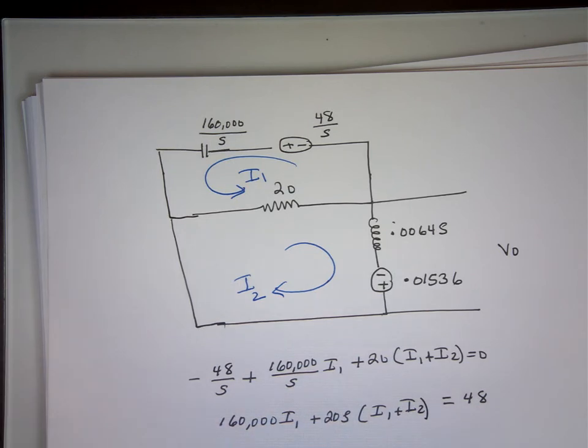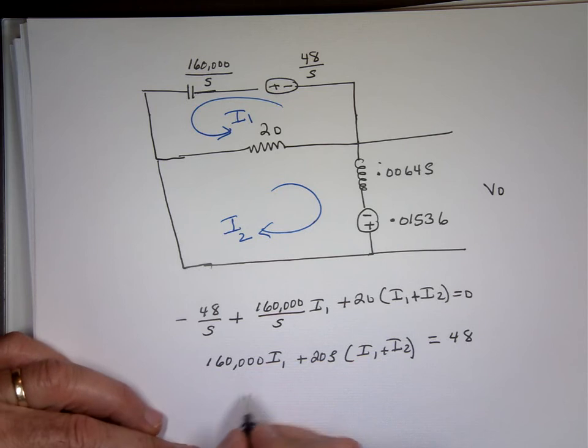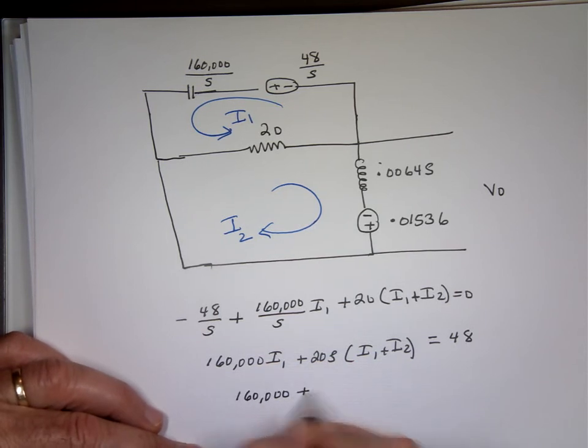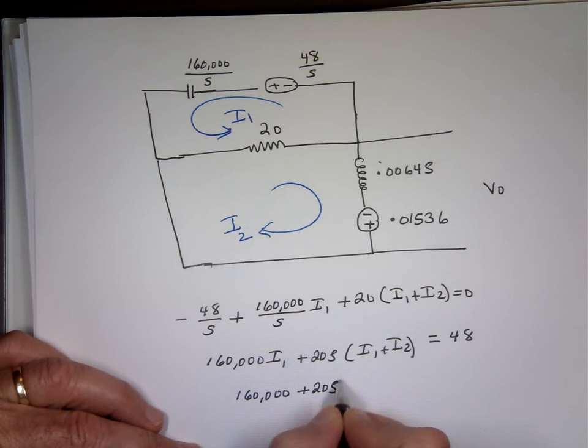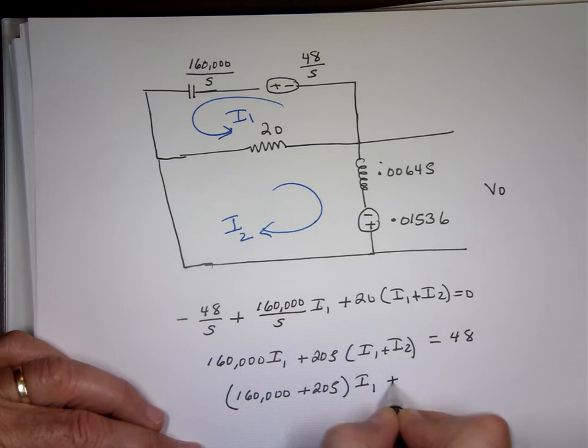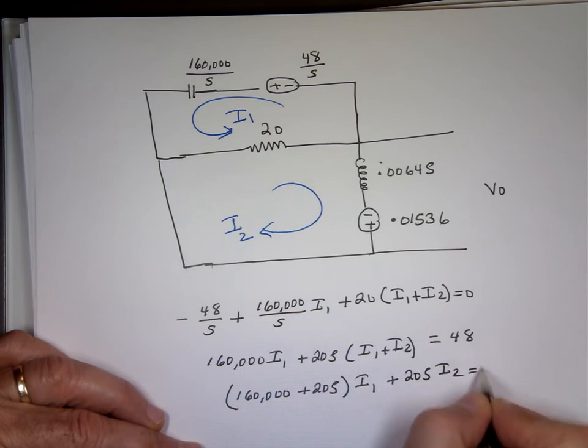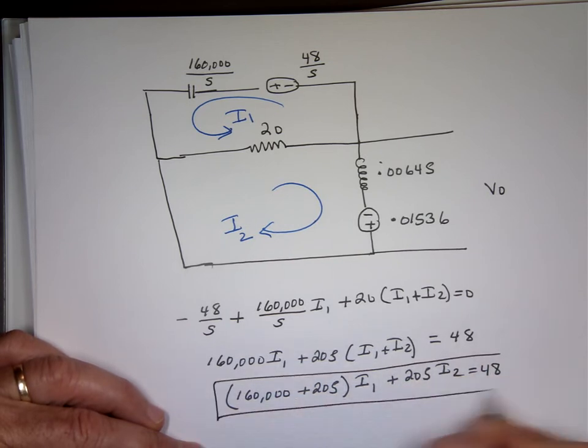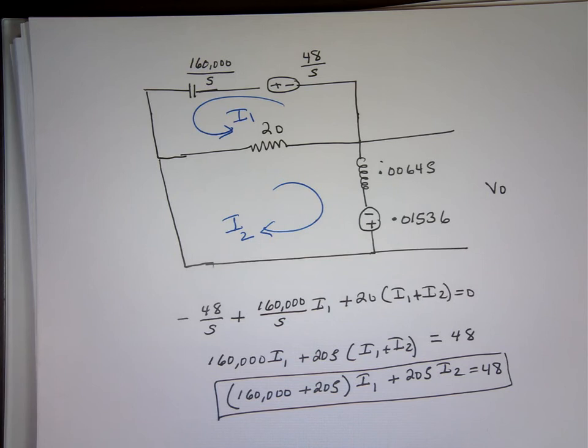Combine like terms, what do you have? 160,000 plus 20S times I sub 1 plus 20S times I sub 2 equals 48. That's my first equation. Not bad at all.